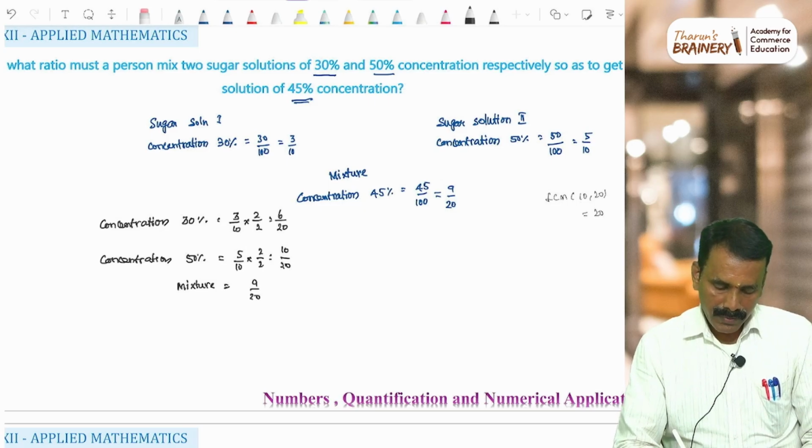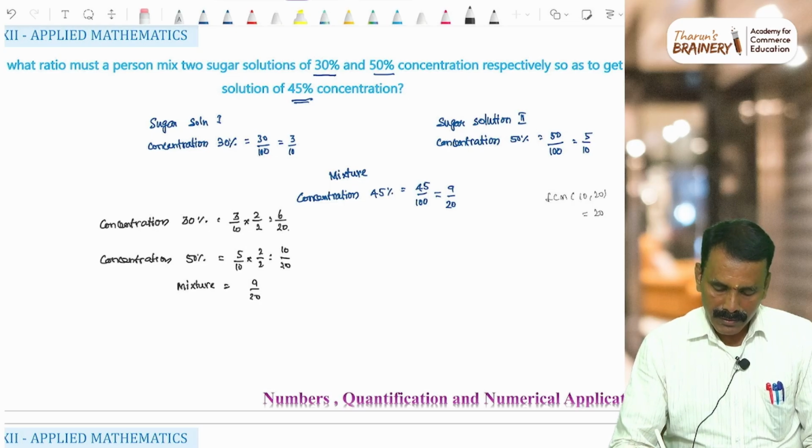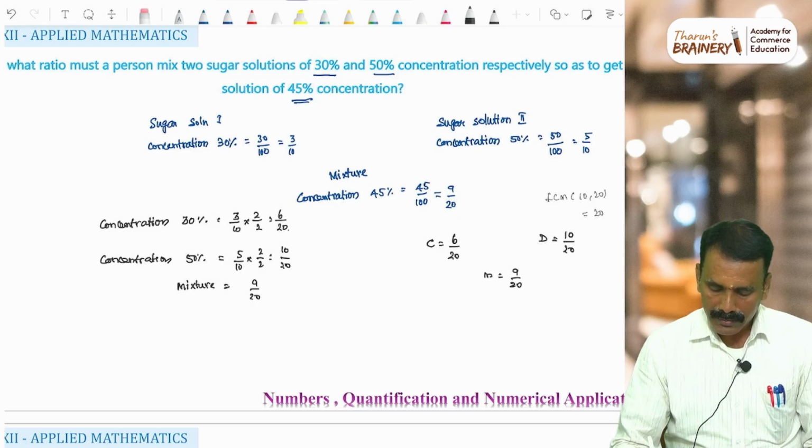So this is 6 part out of 20 and this is 10 part out of 20. So C is going to be 6 by 20, D is going to be 10 by 20 and mean is going to be 9 by 20.